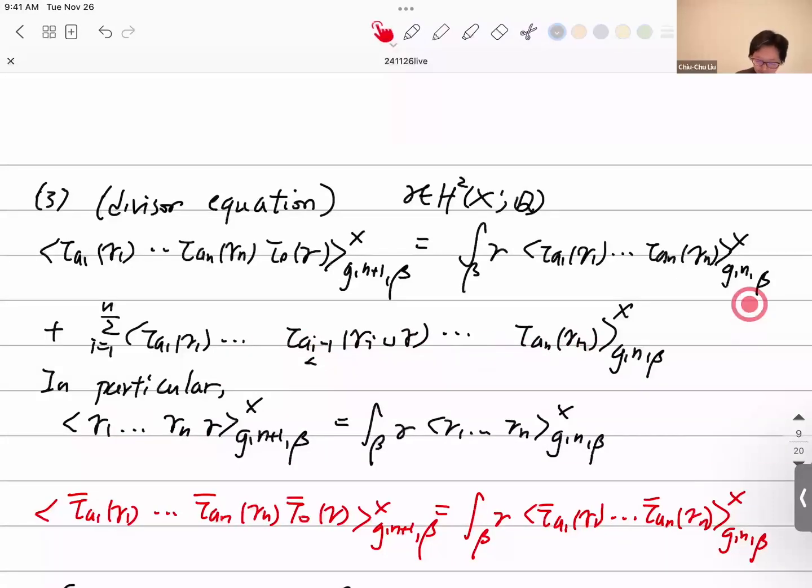Also recall that in the previous section, we also had a divisor equation, and that divisor equation is about ancestors.